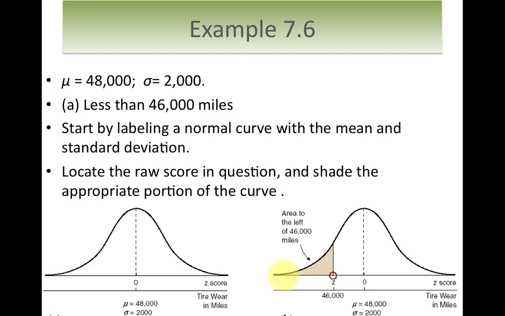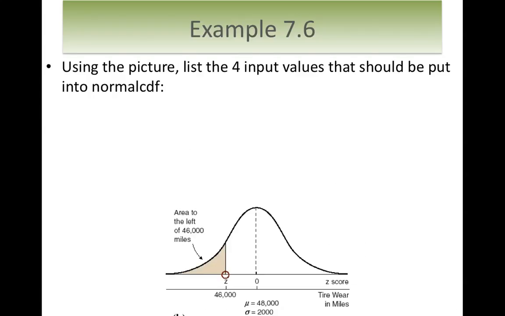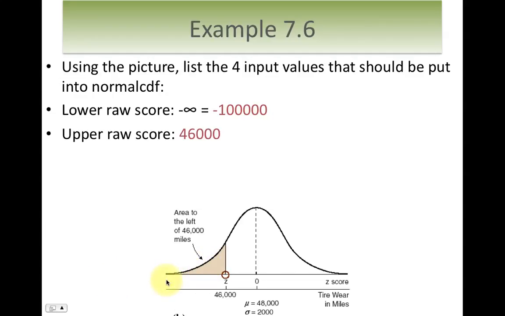So we can use our normal CDF function on our calculator to find that proportion of area. So we go to our calculator, and the four things that should be put into a normal CDF are the lower raw score for the lower value. Since this area is shaded all the way to the left towards negative infinity, we're going to use negative 100,000 to represent that lower score on the left.